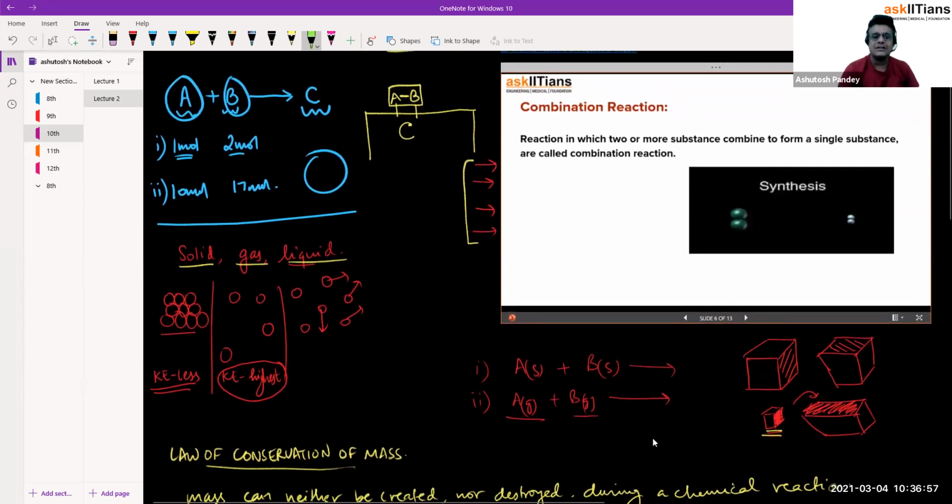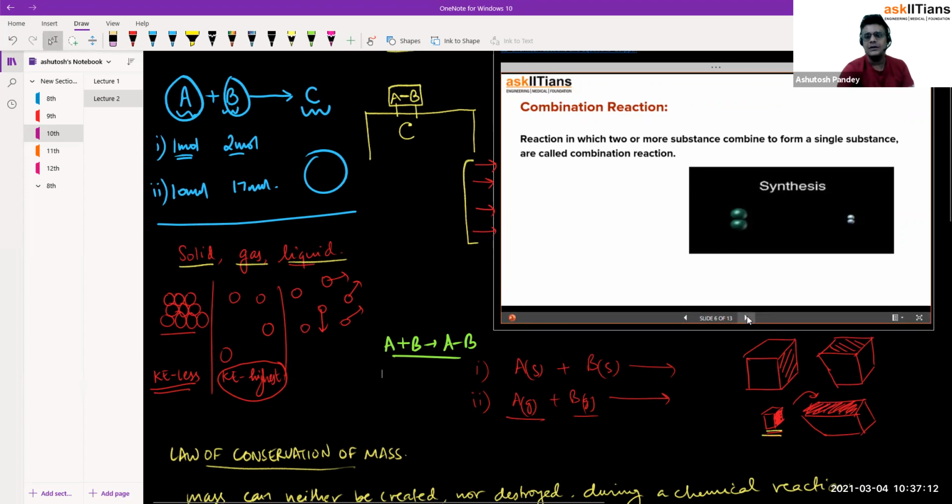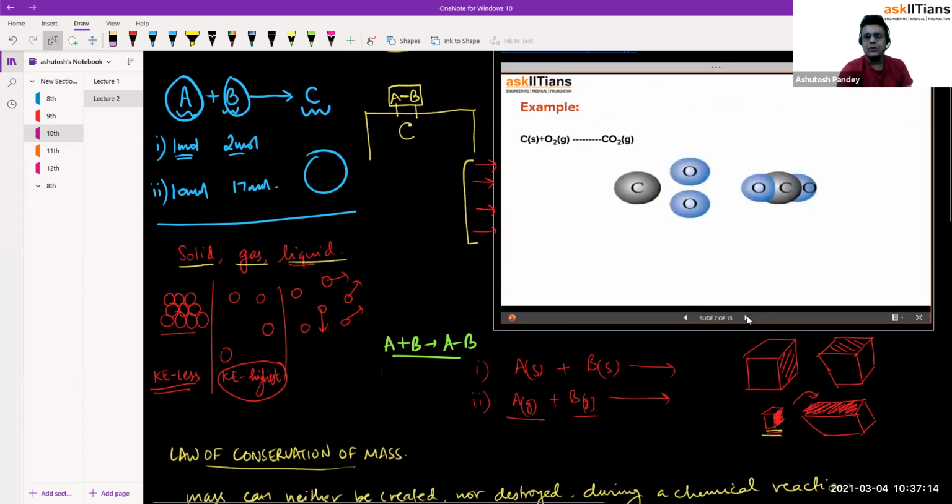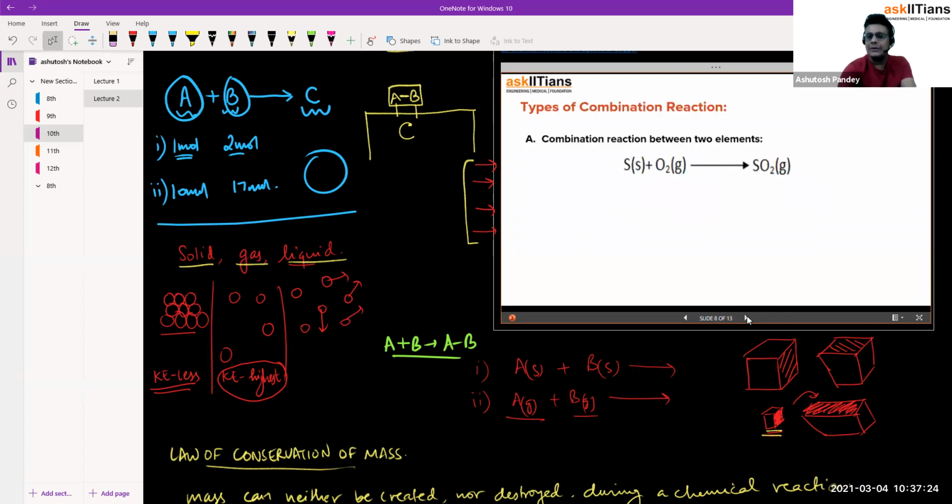In combination reactions we can write A reacting with B to form AB. A reaction in which two or more substances combine to form a single substance is called a combination reaction. Let's see the type of combination, like this: C plus O2. There was C, there was O2, and they combine together to form CO2. This is a combination reaction between two elements.